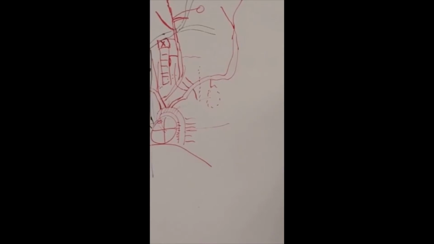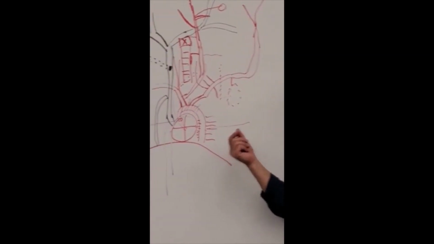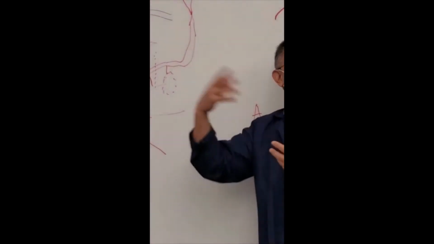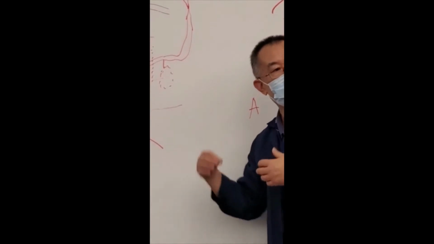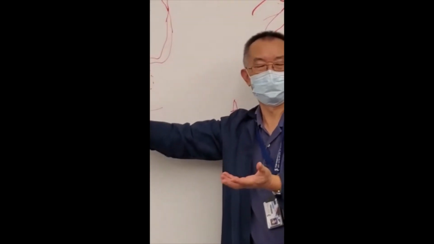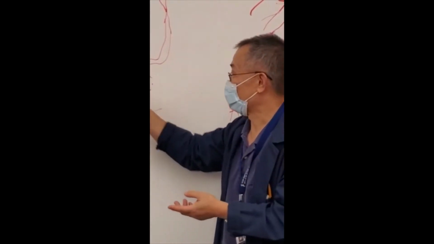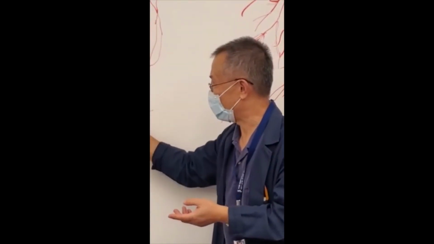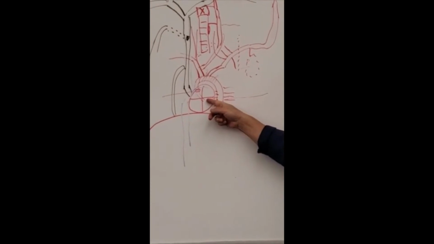LITA, left internal thoracic artery. It's the same, depending on the surgeons. Some like to call it LIMA, some like to call it LITA. Or RIMA, RITA, the same thing. So these two vessels are widely used. They push them down to here for bypass.